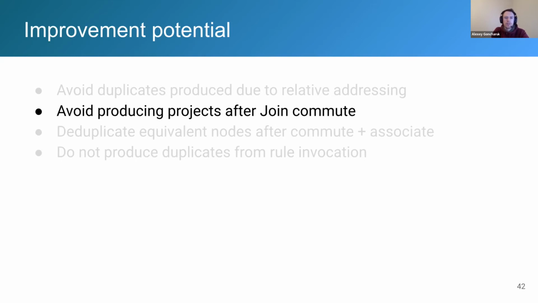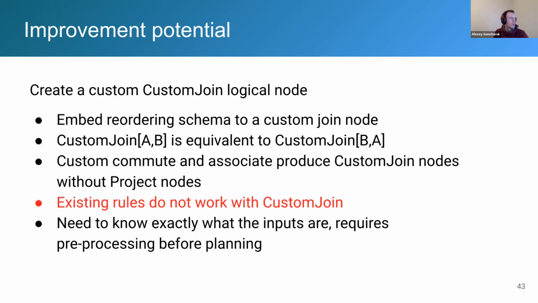So one thing that we explored is how to avoid producing that project on top of the join when we execute commute rule. And what you can do here without actually changing the sources of Apache Calcite is to introduce a custom join operator that has some internal state that would enforce the same row type when you flip your inputs.